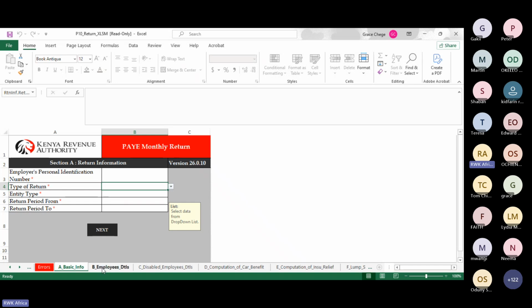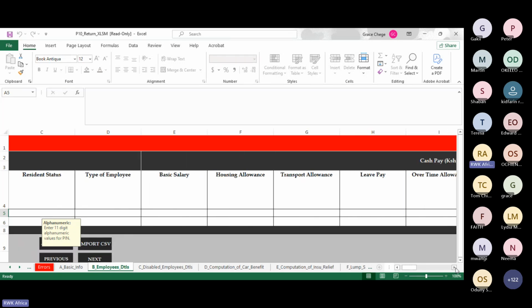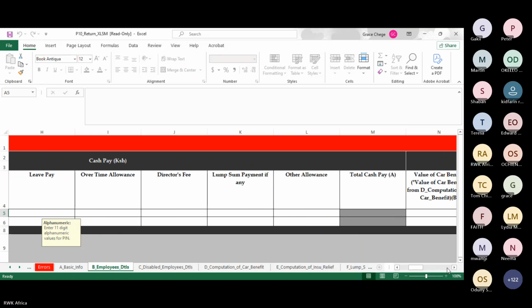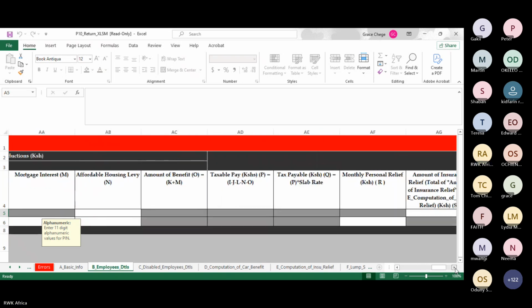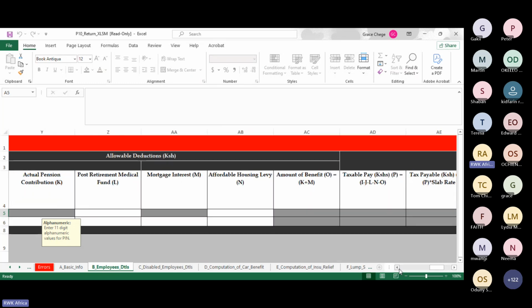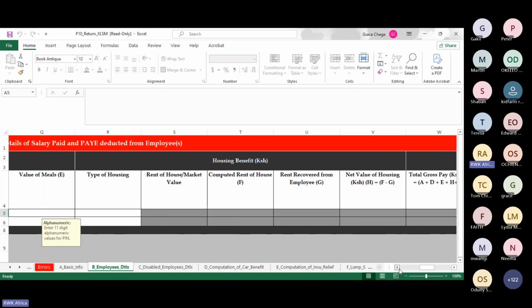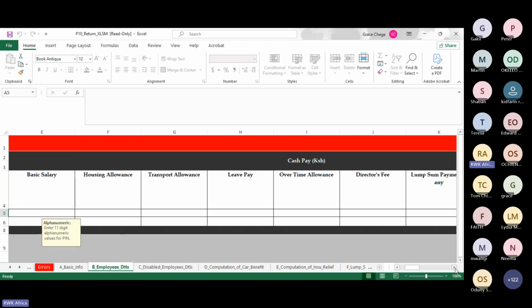The next sheet is of employees' details. So we have the PIN of the employee, the name, the resident status, the type of employee, basic salary, housing allowance, transport. All these are the cash benefits, all the way to the self-assessed tax. What KRA has done is the columns of cash benefits have been collapsed into one.